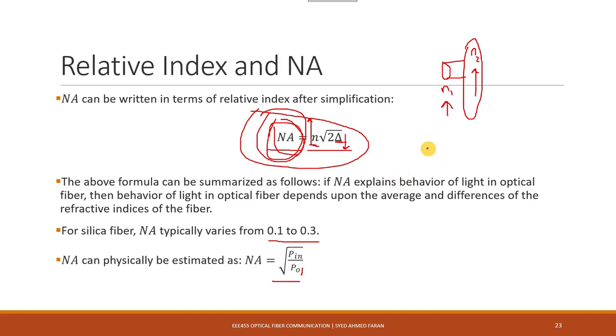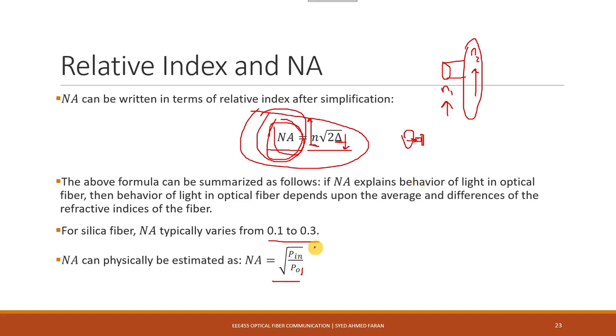So what we can do is we can do a small experiment. We can have an optical power meter. We can see the power of the light. So we have this source, and we place only a very small fiber optic cable, a very small length, maybe just a few centimeters, and we inject the light inside this fiber optic cable and observe the power of the light over here.